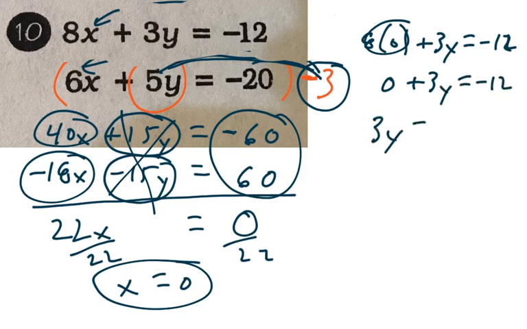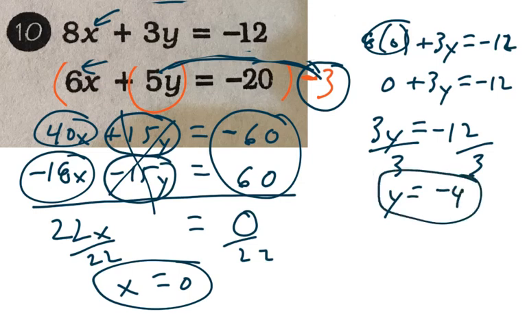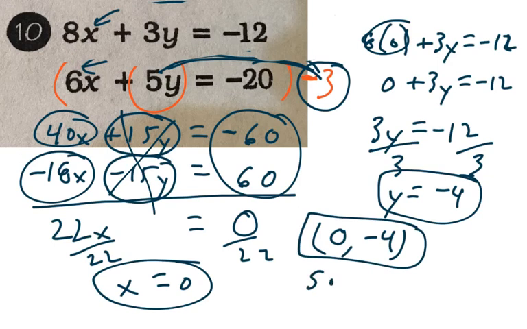If 3y equals negative 12, once I divide by 3, y is negative 4. And my complete answer is x is 0, y is negative 4. Again, this is also called our solution. Okay? Solution. Let me write that a little bit neater as I'm talking to you. Okay, so guys, that's it. We got 0, negative 4.